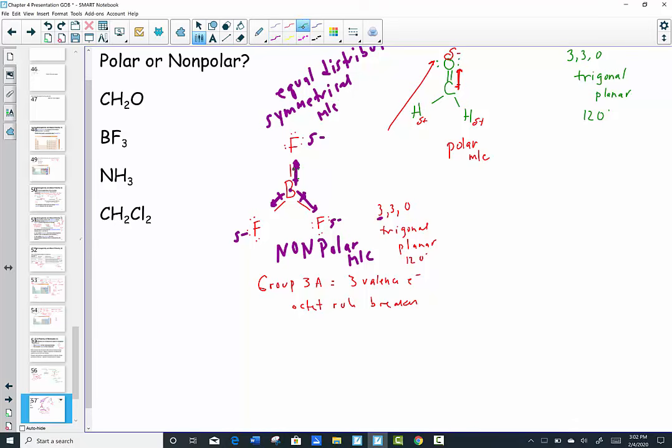If you compare that to this guy, here's the ammonia molecule we have drawn numerous times. It has a VSEPR count of 431. We called that trigonal pyramidal.